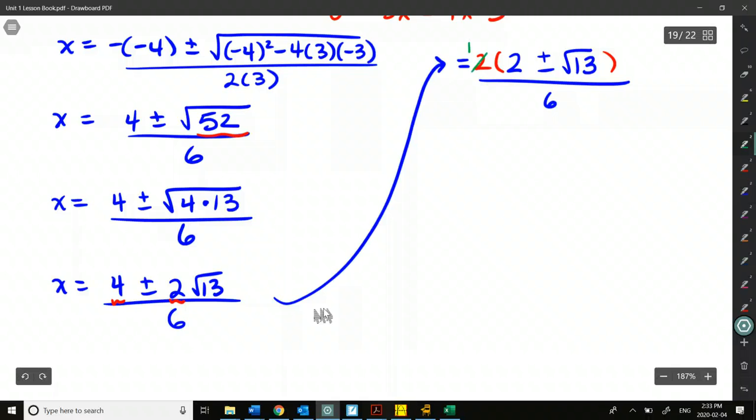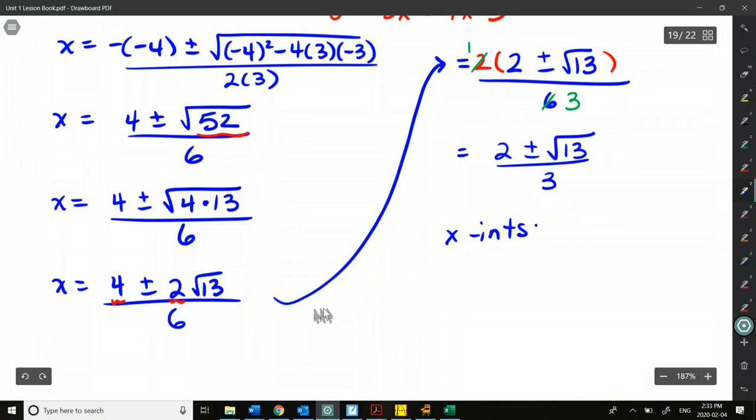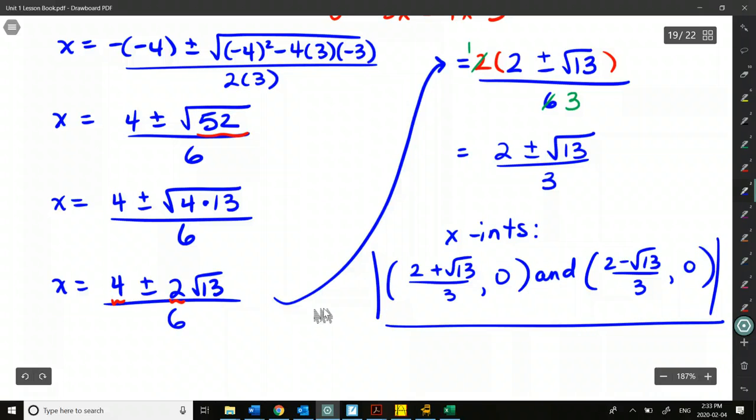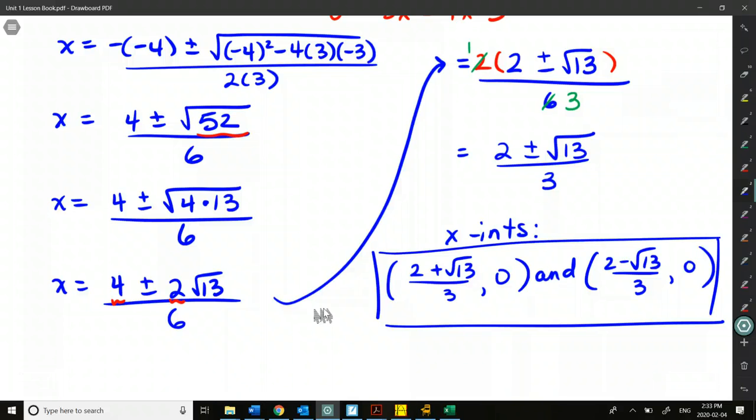So 2 and 6 can simplify to 1 and 3. So there's our solutions there.